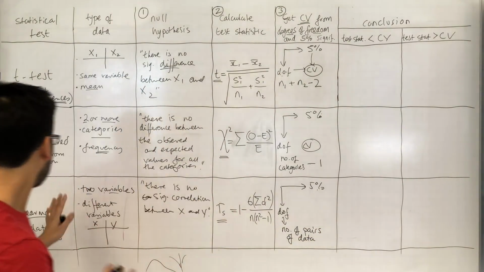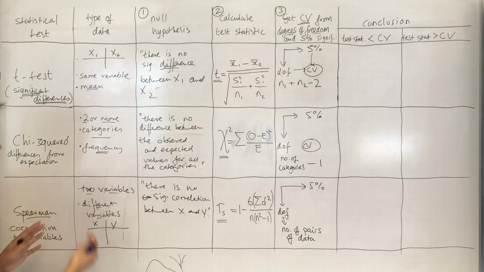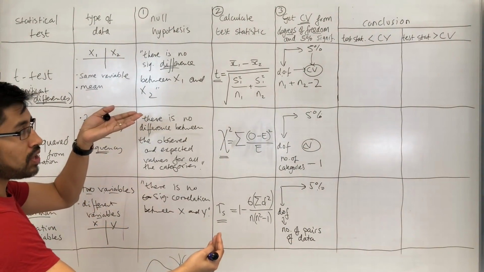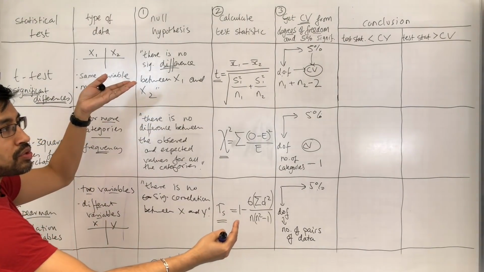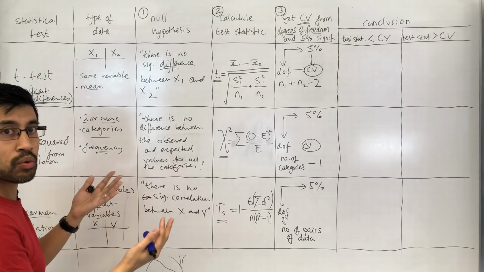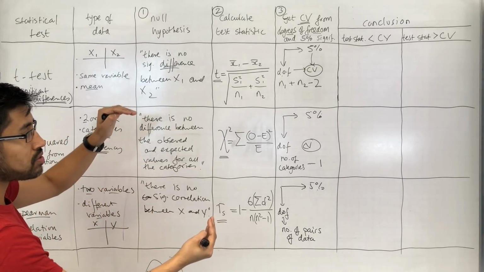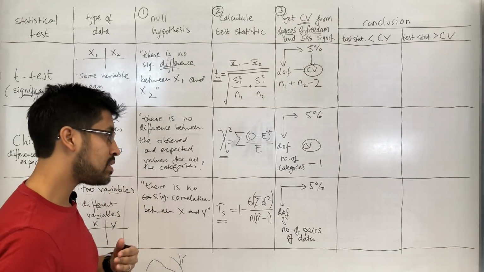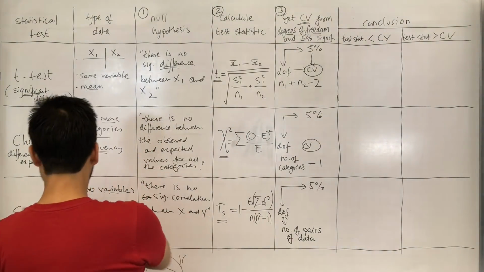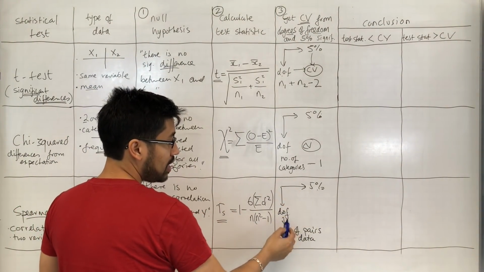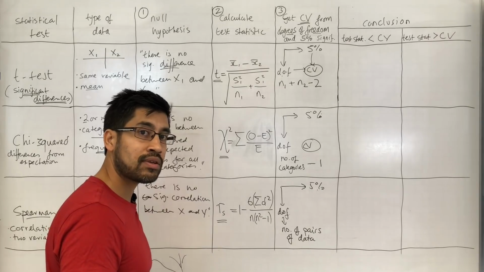Remember, for a correlation test, you're looking at the correlation between x and y, variable 1 with variable 2. To plot that scatter graph, you always need a set of coordinates, x and y. So you're always going to have pairs of data, and so for the Spearman rank correlation test the degrees of freedom is your number of pairs of data.